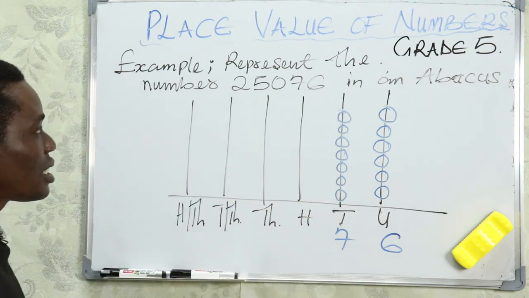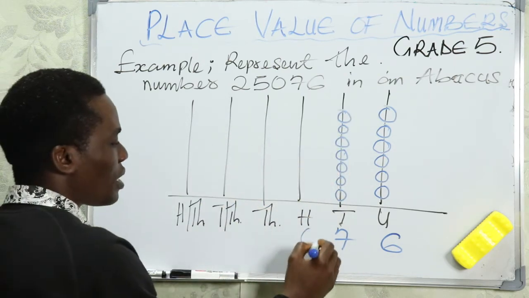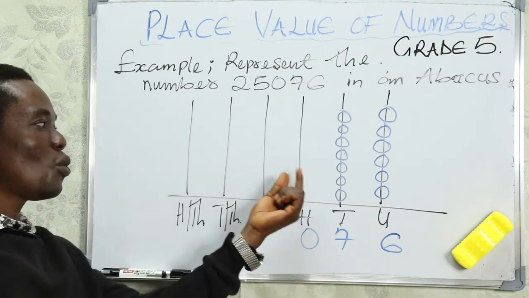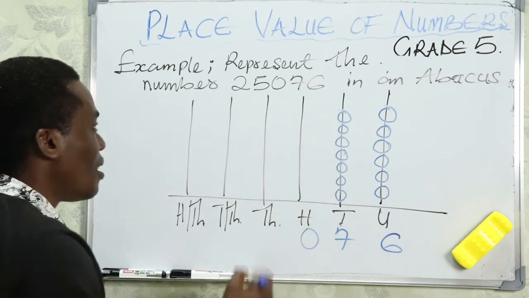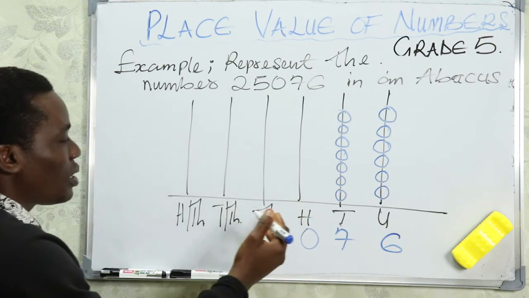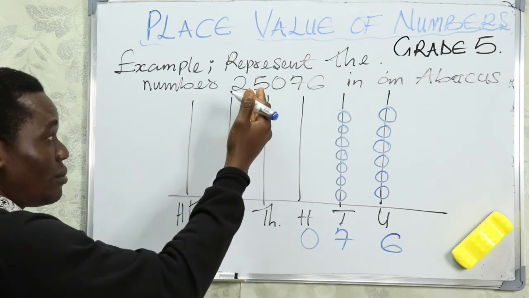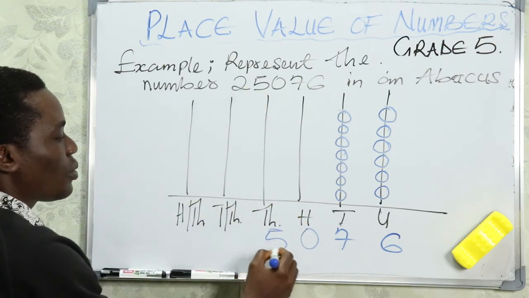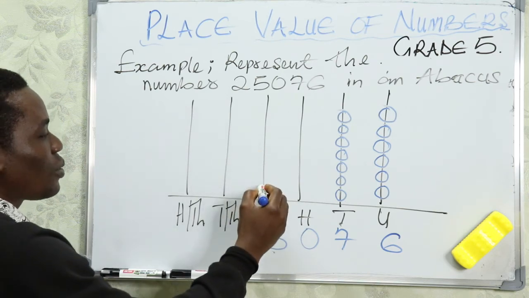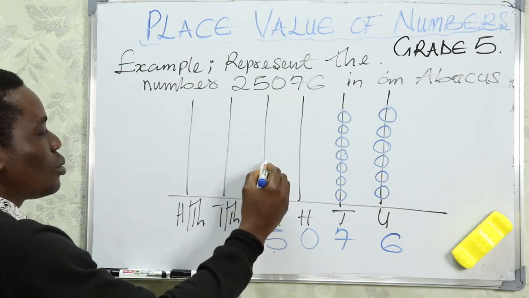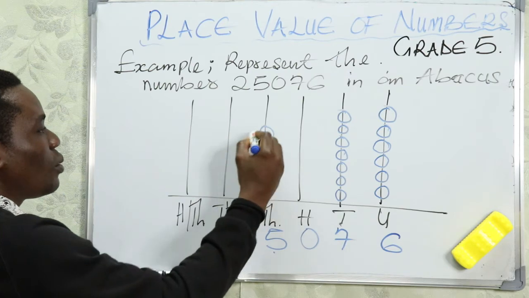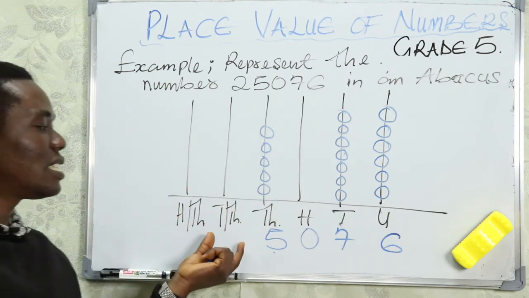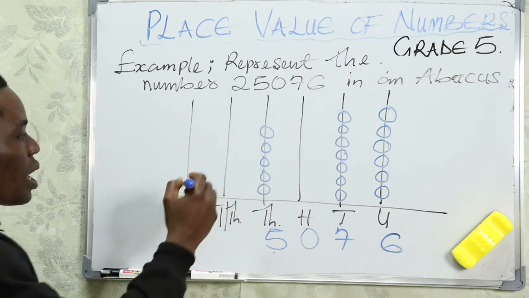Now in the hundreds place, we have 0, and there is no number there, so we won't fill this with anything. Lastly, we have 5 in the thousands, and in the thousands we have 1, 2, 3, 4, and 5.